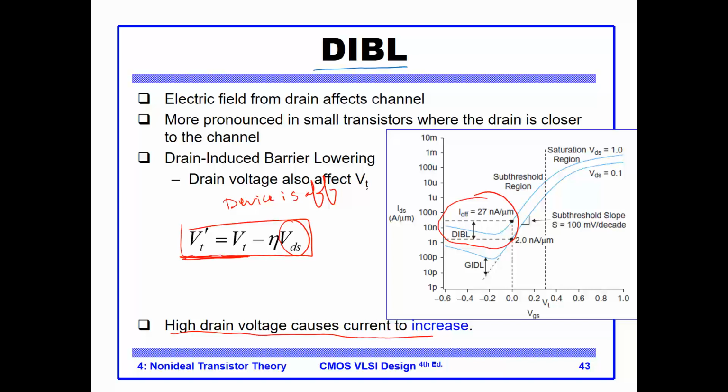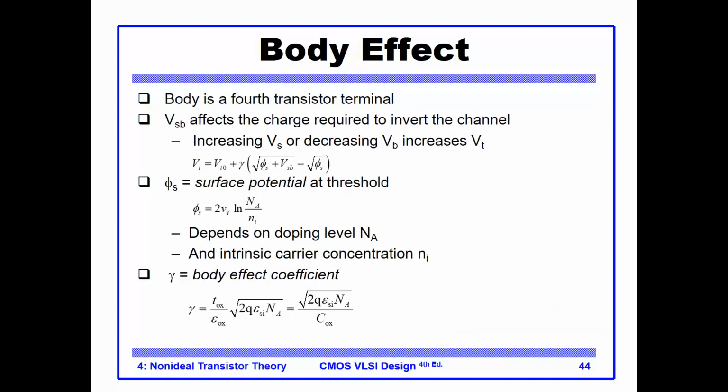But let's stay here, and we know that VT will be reduced for the off device by the increase of VDS. Okay, body effect simply says that as we increase the source to body voltage, the VT does increase as well.